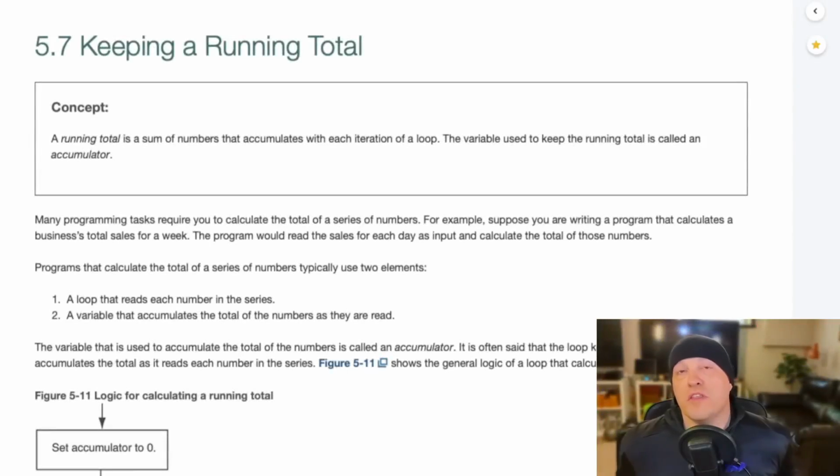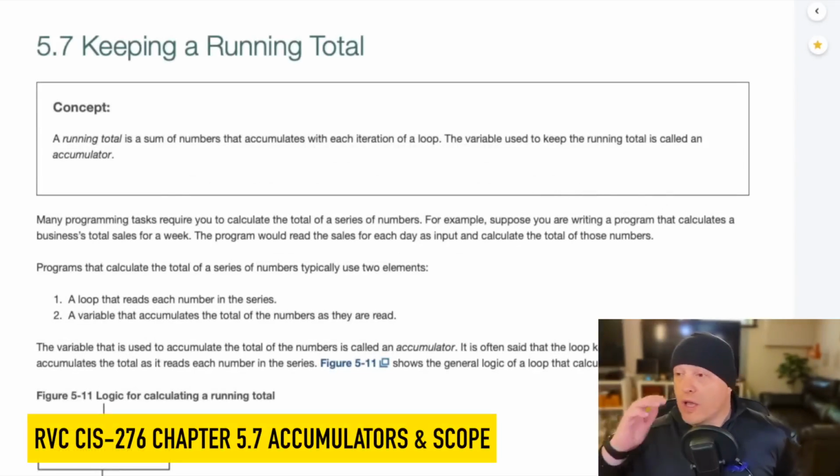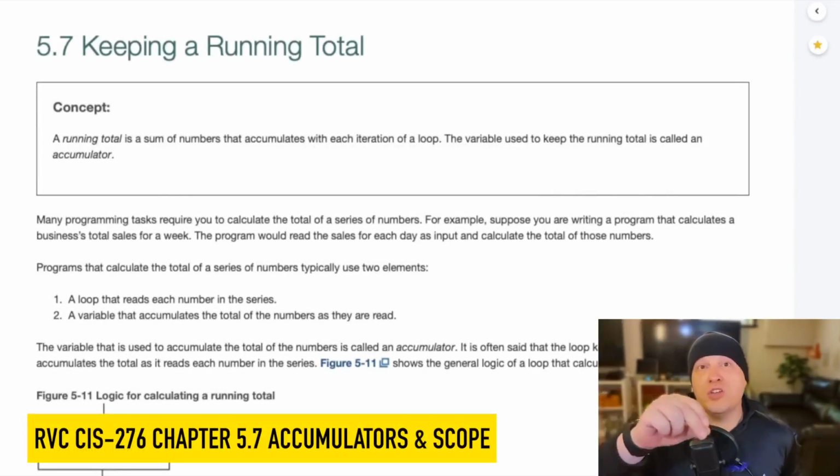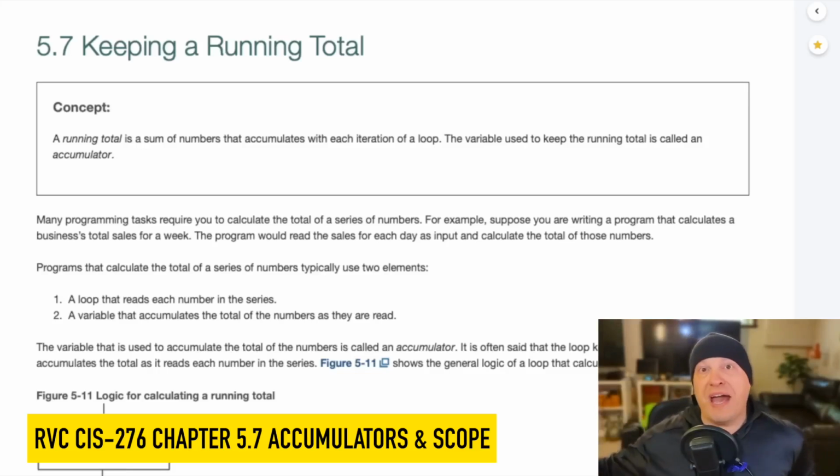So one of the things that we can use a for loop to do is to keep a running total. This is where we diverge back into the mathematics-centric idea of computer science.